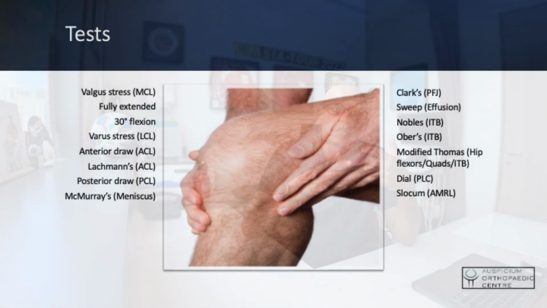Different to the hip, however, is one may be injured in succession to the other, and therefore it sometimes is important to go through as many tests as possible to identify which structures have been injured and which may require further treatment.